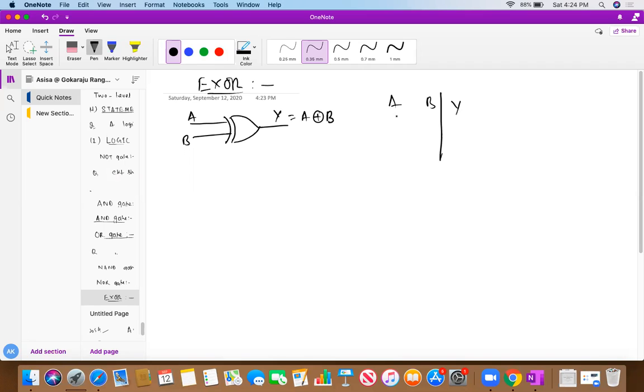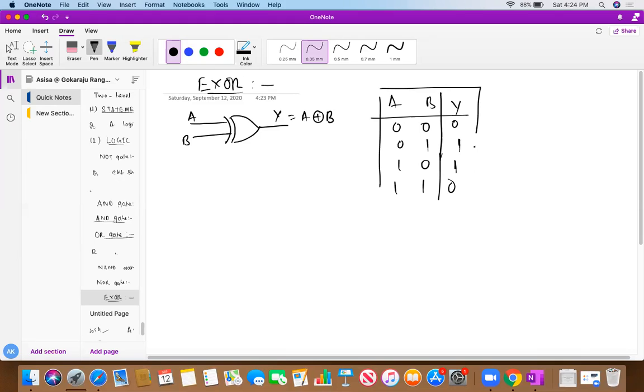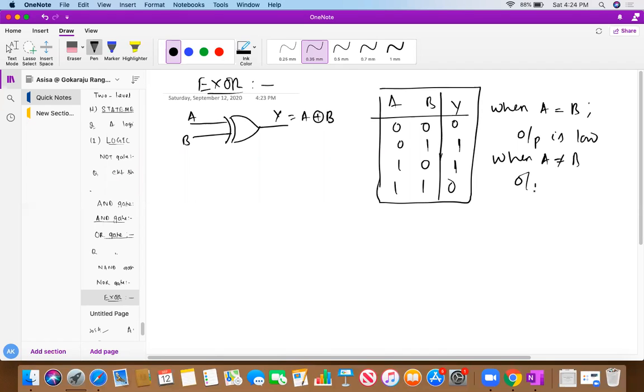A, B, Y: 0 0 gives 0, 0 1 gives 1, 1 0 gives 1, 1 1 gives 0. So what does the XOR gate functionality tell us? When A equals B, the output is low. When A is not equal to B, the output is high, or logic 1.